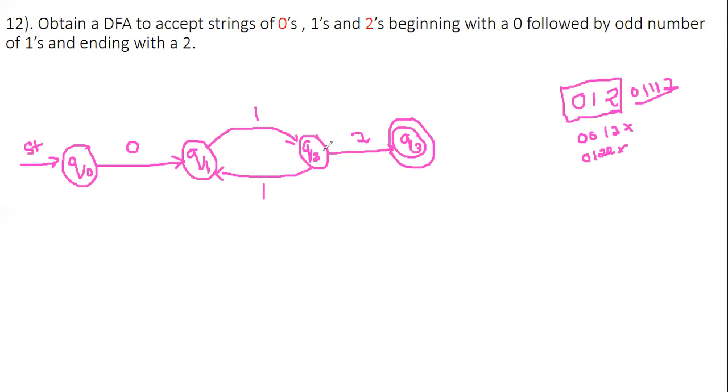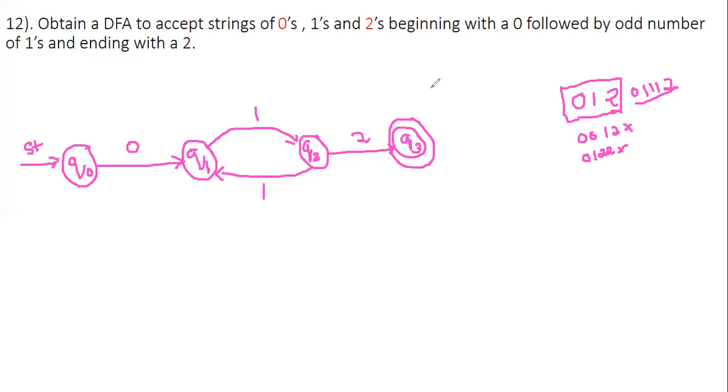Later, if it is one 2, it will be accepted, right? Then if it is 5 ones, yes, it is odd. 0 followed by 5 ones and followed by 2 exactly. First, second, third, fourth, and the fifth one. So you are at q2 now. What is the next input? 2 exactly, so it will be accepted.